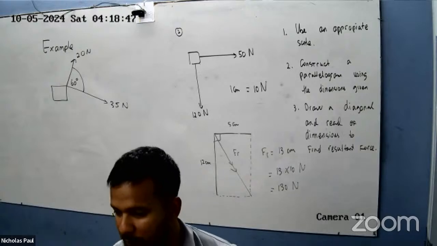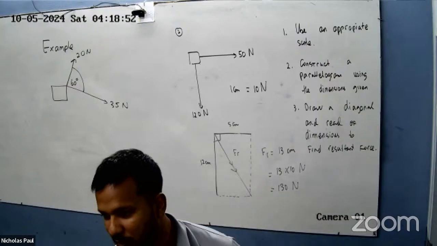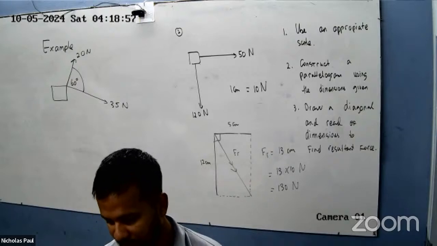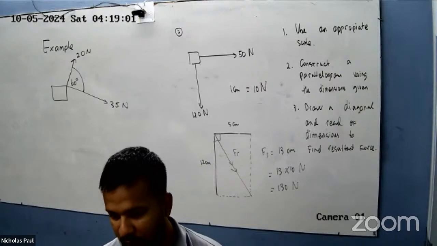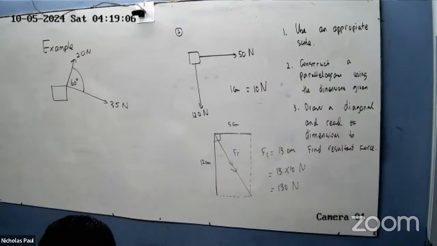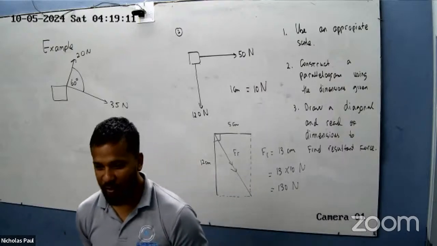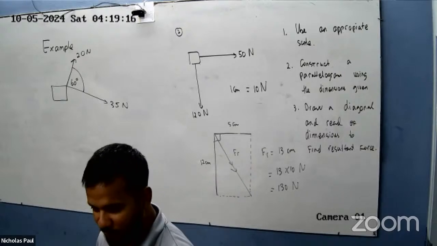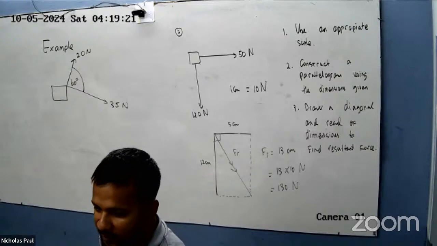So take your time. You can work it out using cosine. Cosine rule for a non-right angle: a squared plus b squared minus 2ab cosine C.